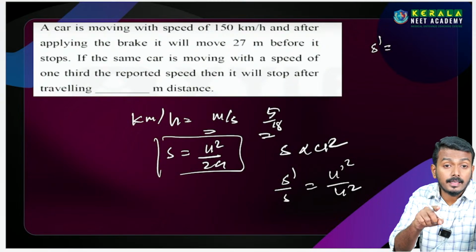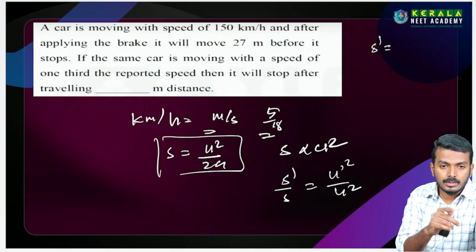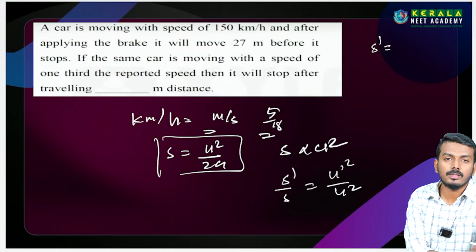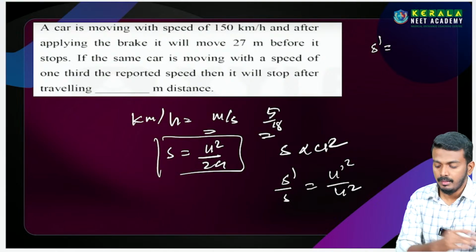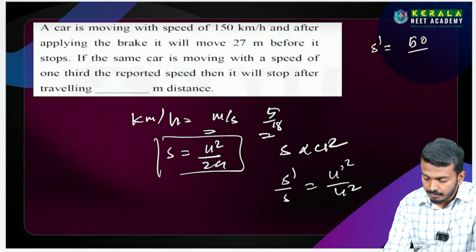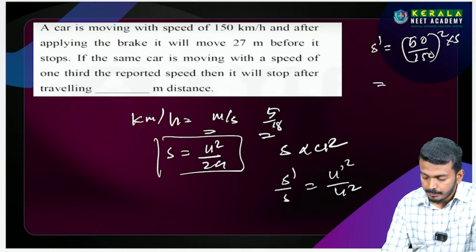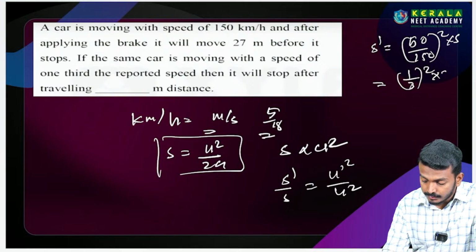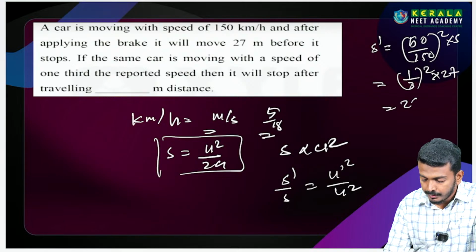The velocity is 1 by 3rd of the initial velocity. Initial velocity is 150 km per hour, so 1 by 3rd gives 50. So 50 divided by 150 whole square into S, means 1 by 3 whole square into S, with S value 27. Means 27 by 9, which is 3.